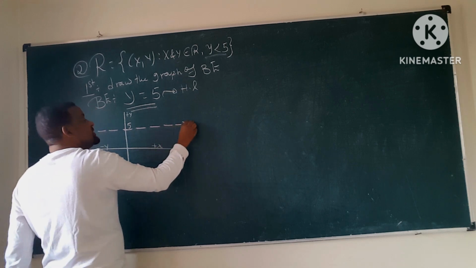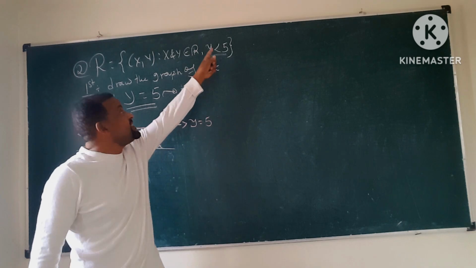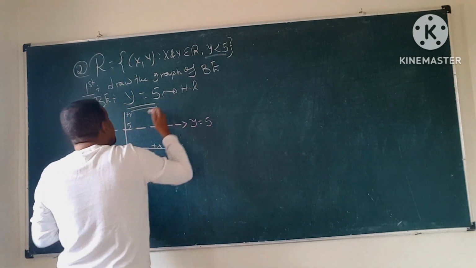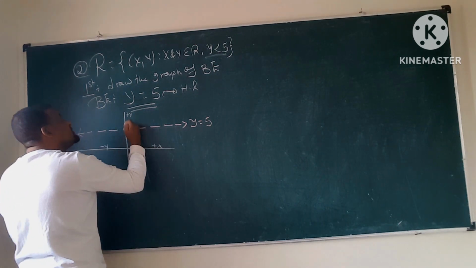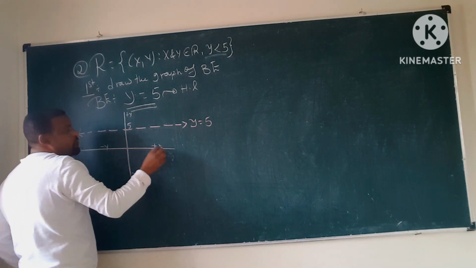This is the line y is equal to 5. Now it is less than, so is the region below this graph or above it? To confirm, we need a test point.